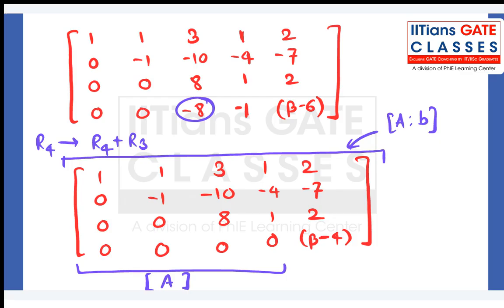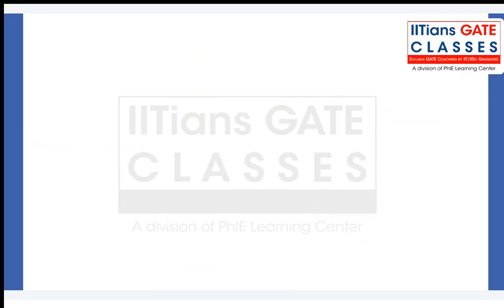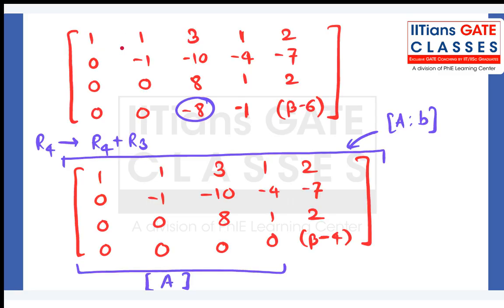If you look only at your first 4 columns, that gives you the rank of coefficient matrix A. So from your row reduced form, you can tell that rank of matrix A is 3 because the last row is all zeros. So rank is nothing but the number of non-zero rows in a row reduced form or row echelon form.